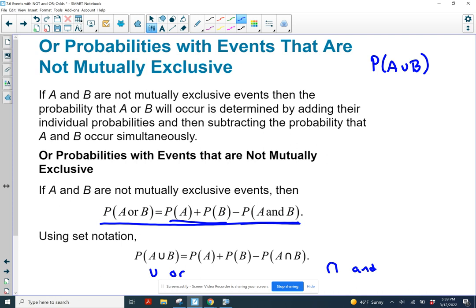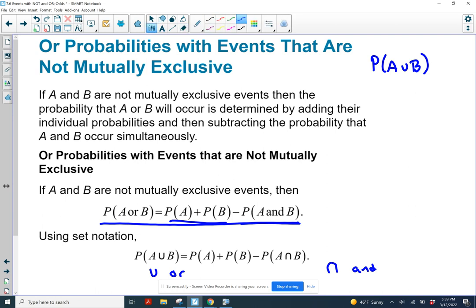So the union is the or, and the intersection, that's the and. Okay, intersection and union. All right.